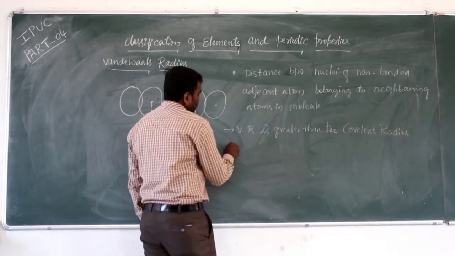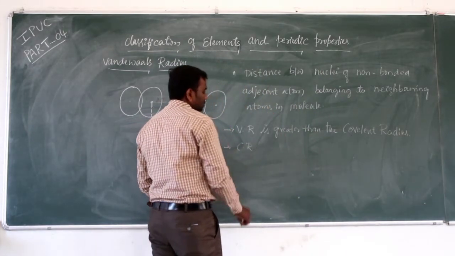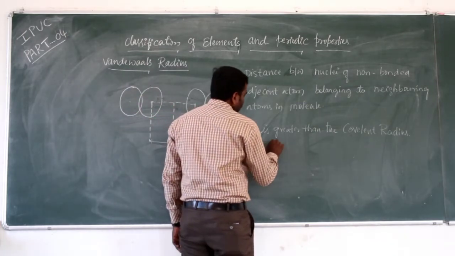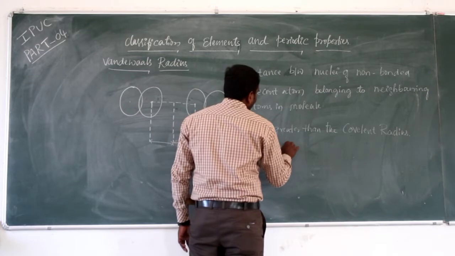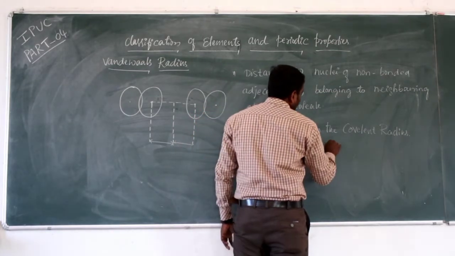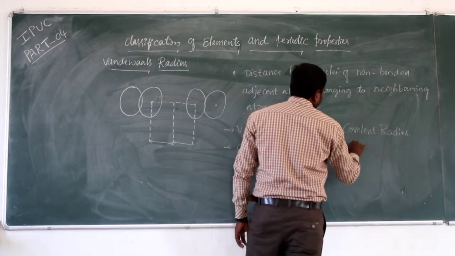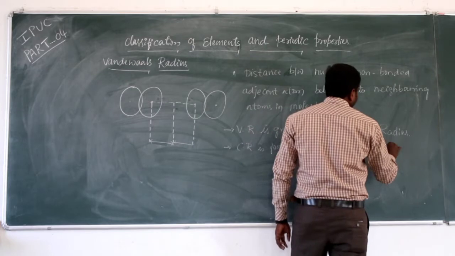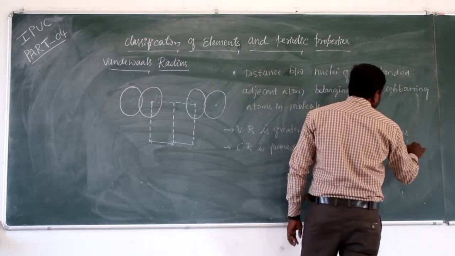Already we know that the covalent radius is formed by the overlapping of orbitals.